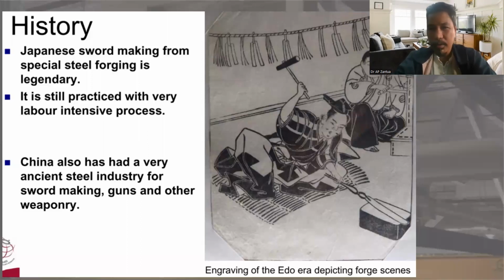In those times, war was a common occurrence, and they had to protect their own country or control another area. That is the purpose of the sword as a weapon. It is still practiced with a very laborious, intensive process up to now.